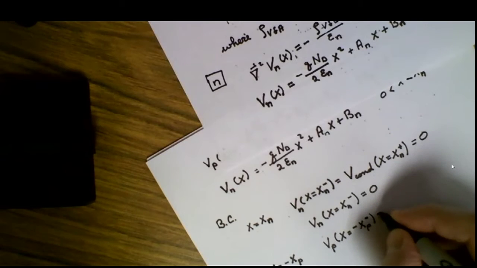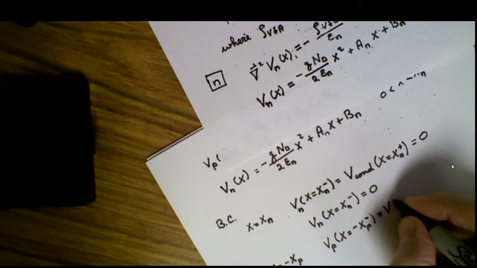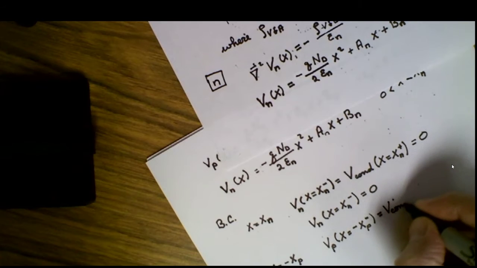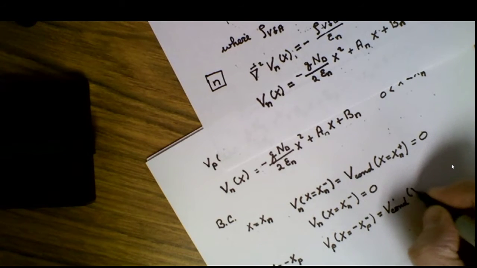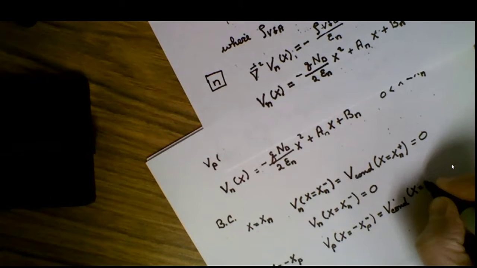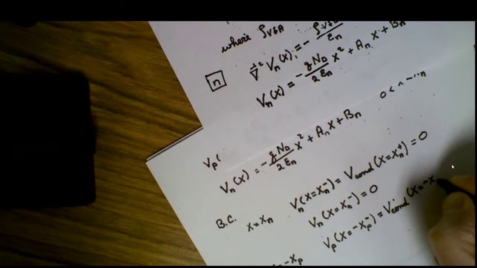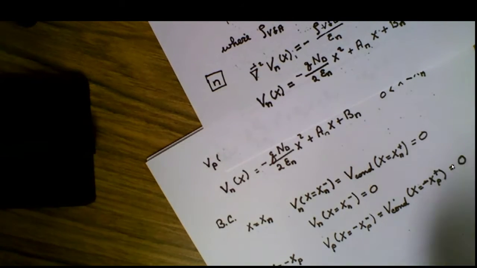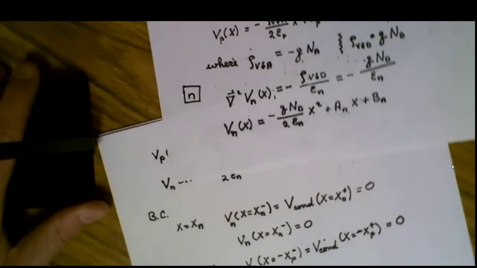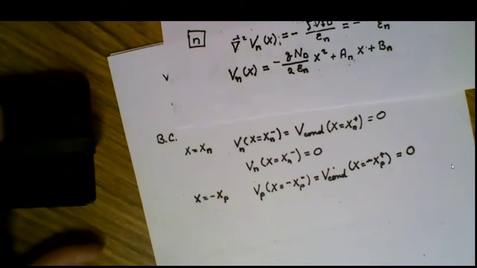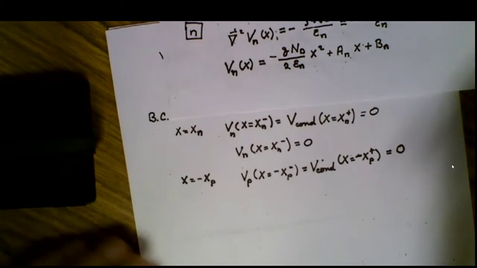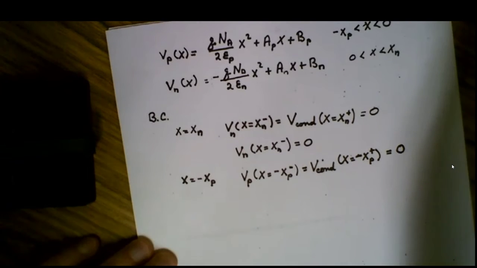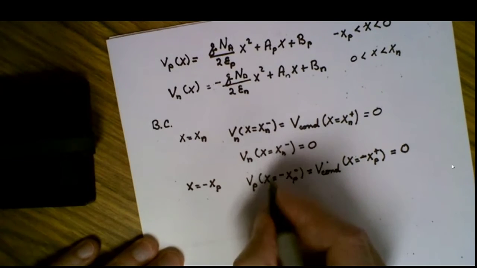This must be equal to the potential in the conductor at x is equal to minus x sub p plus. But the potential inside the conductor we choose as our reference is equal to 0. So that gives us two boundary conditions.